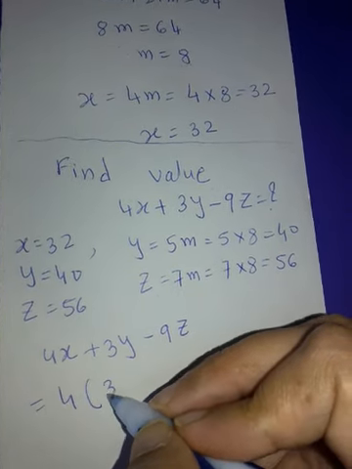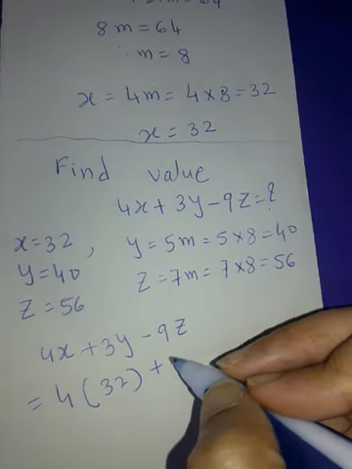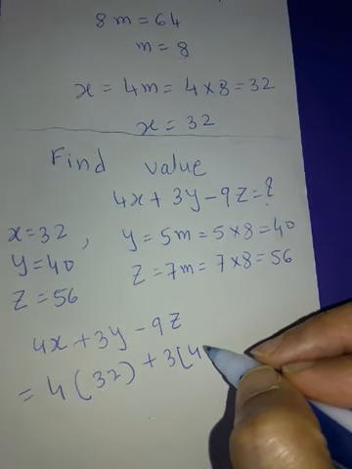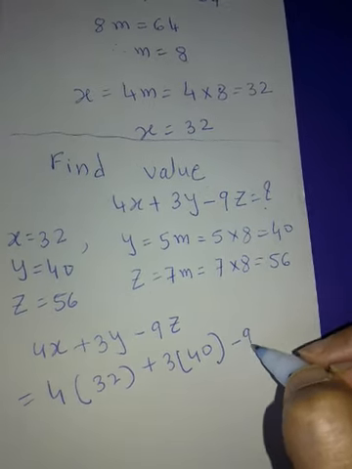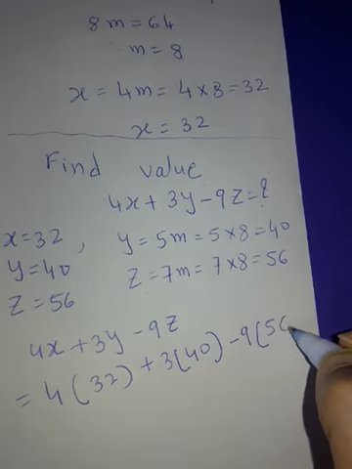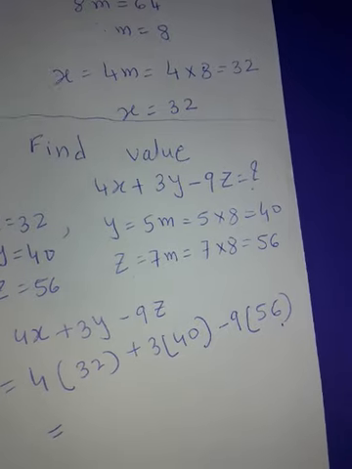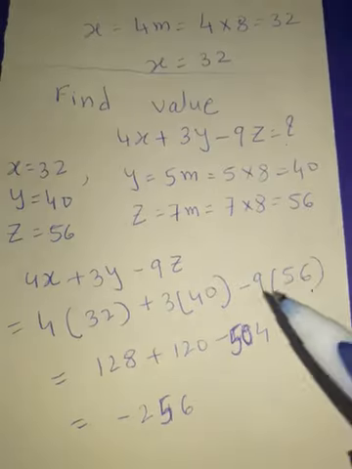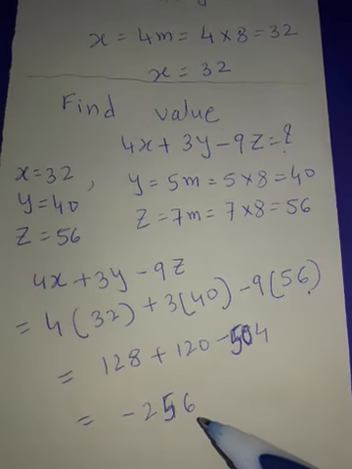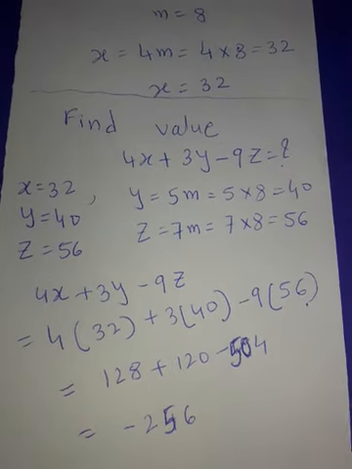Four in the bracket 32 plus 3 in the bracket 40 minus 9 in the bracket 56. And then we have to calculate this. Calculate and tell me the answer. Answer comes out to minus 256.